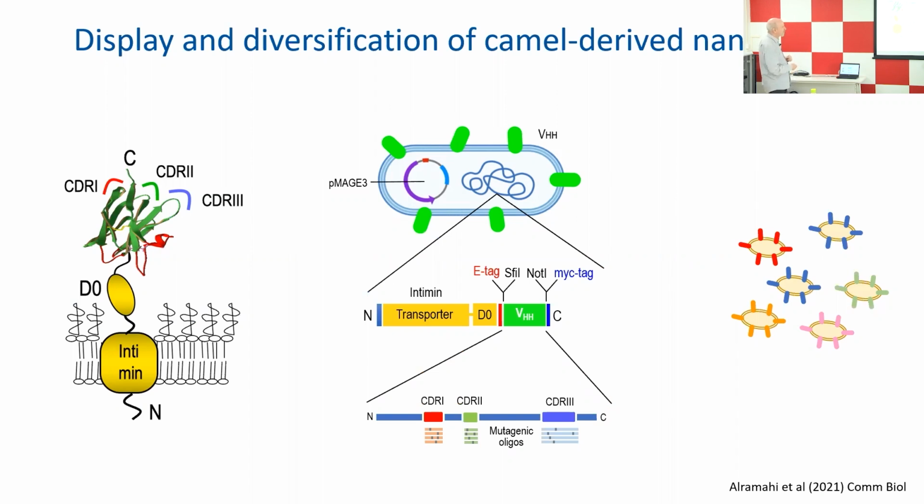So this is great, not only for the well-being of the animals, but also because this is a very, very quick system to develop antibodies against new targets.